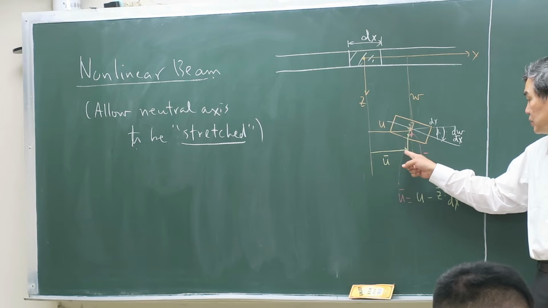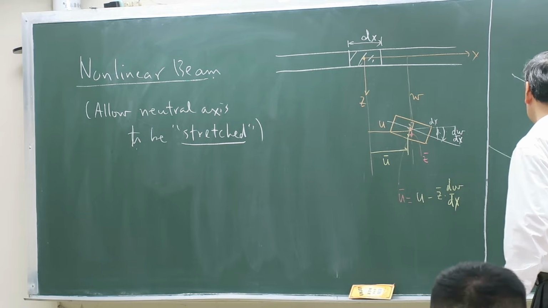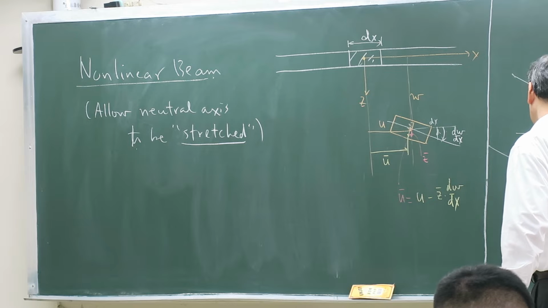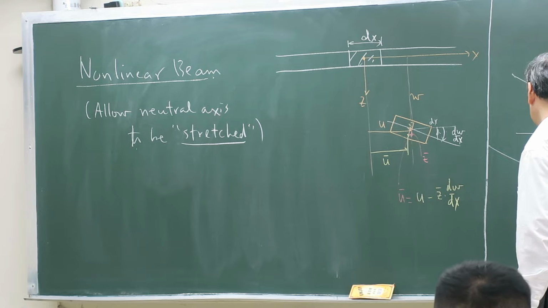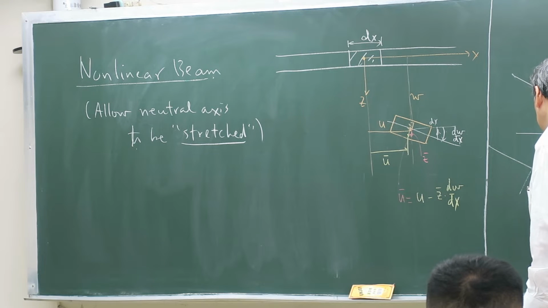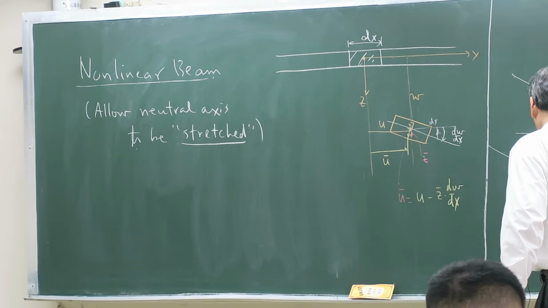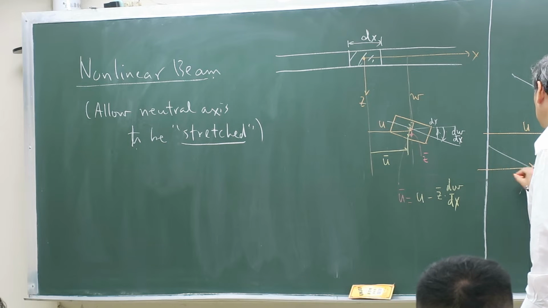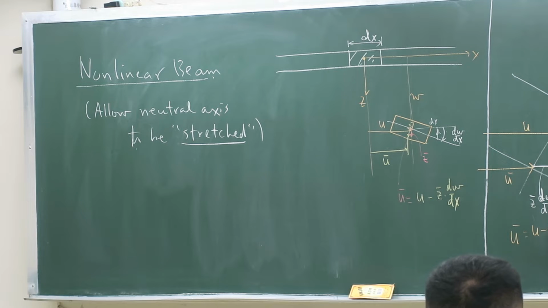Now I enlarge it. This point we have u, so this point we have u bar. So u bar equals u minus z bar dw/dx.